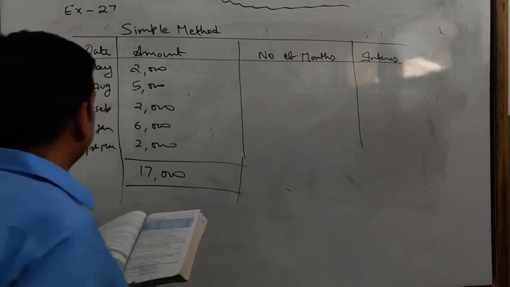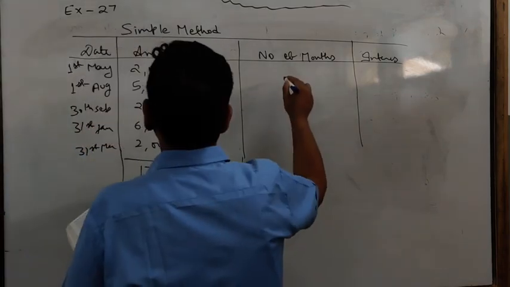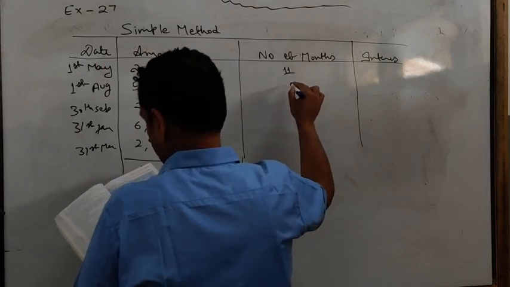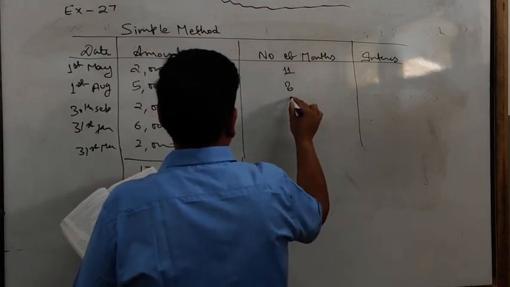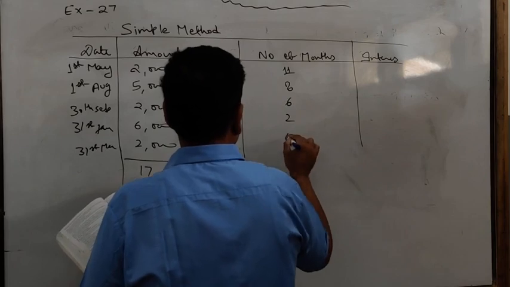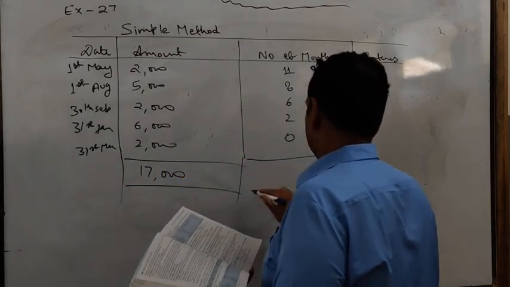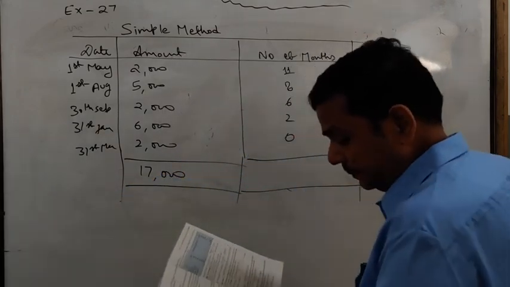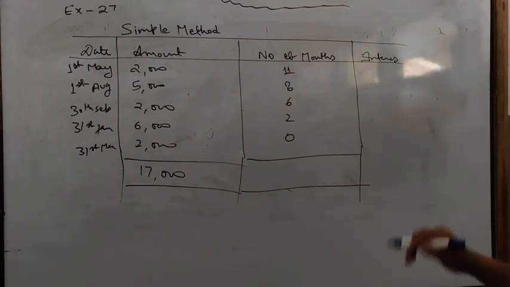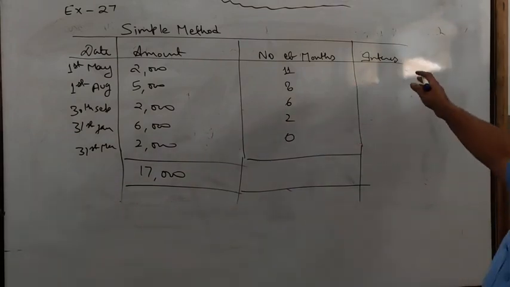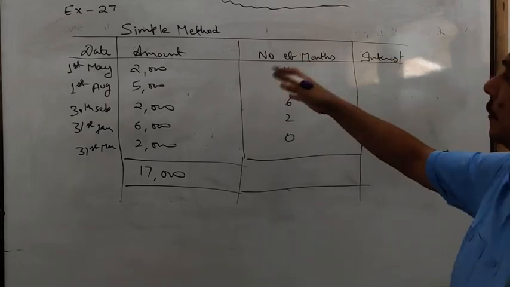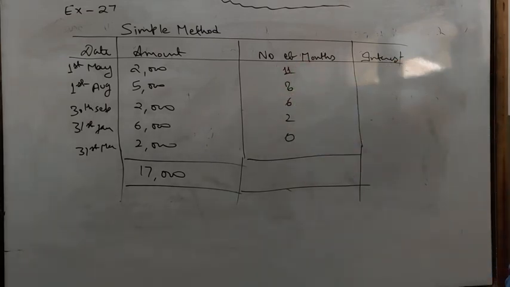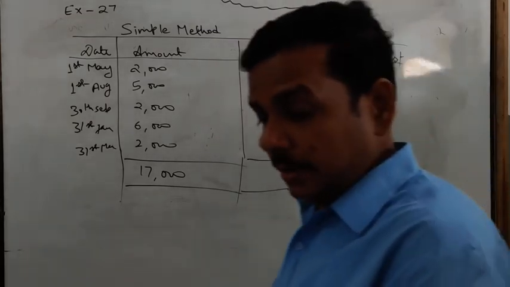Now see, number of months up to which money remain outside. So in first this is 11, then 8, then 6, then 2 and then 0. Clear? Now under simple method, in order to find out the amount of interest, we have to make 5 times of calculation. So what is the formula?